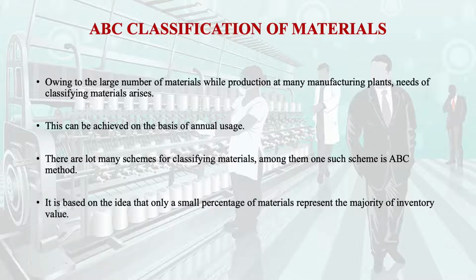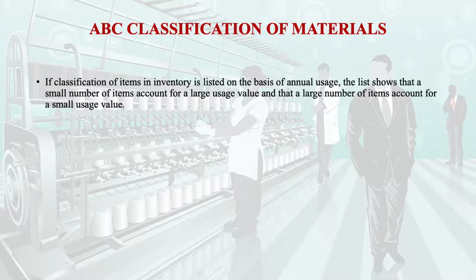It is based on the idea that only a small percentage of materials represent the majority of inventory value. If the items in inventory are listed on the basis of annual usage, the list shows that a small number of items account for a large usage value and a large number of items account for a small usage value.